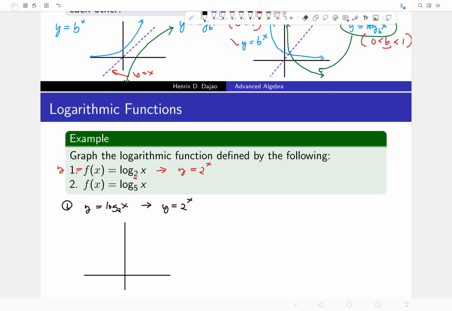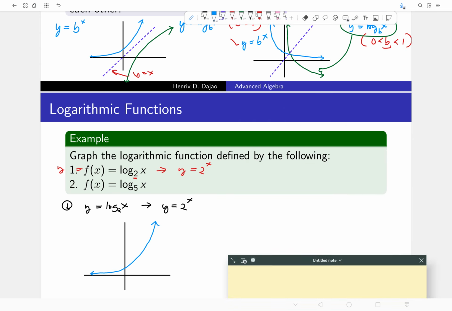And our x-axis is the horizontal asymptote. So that's the graph of the function defined by y equals 2 to the x. Okay?